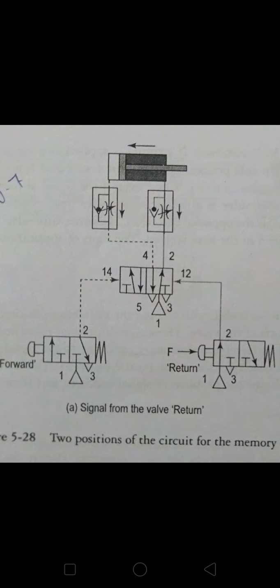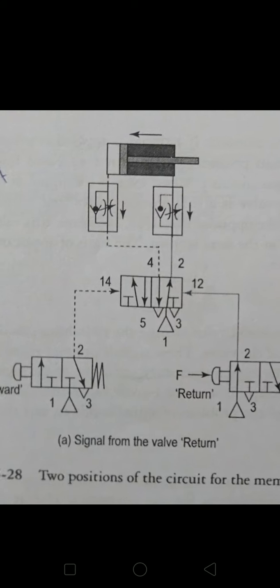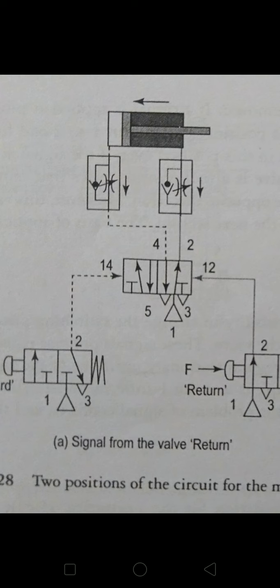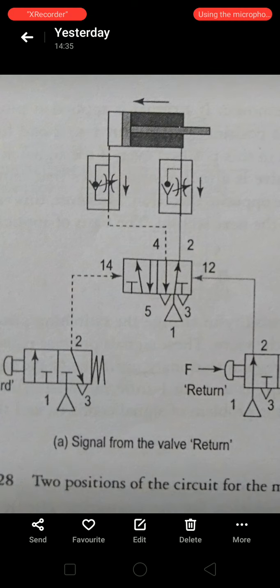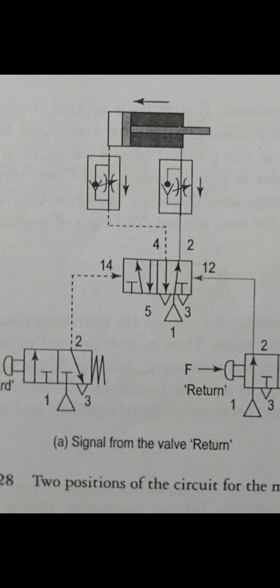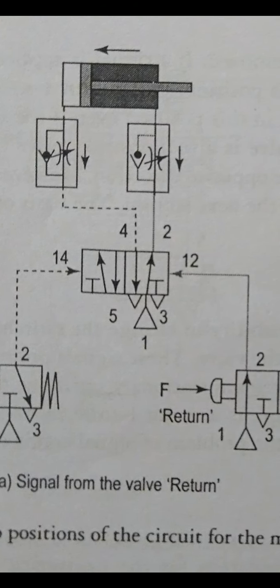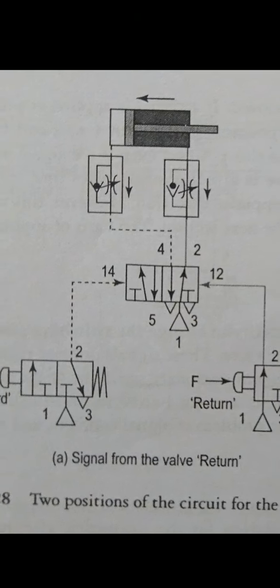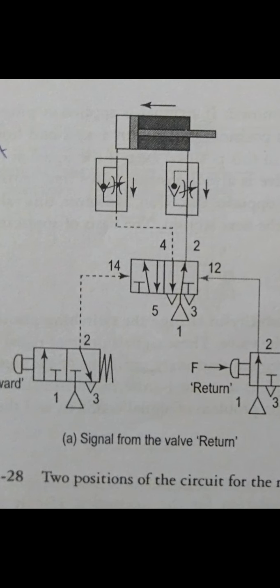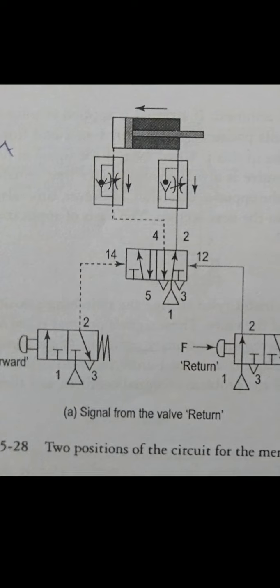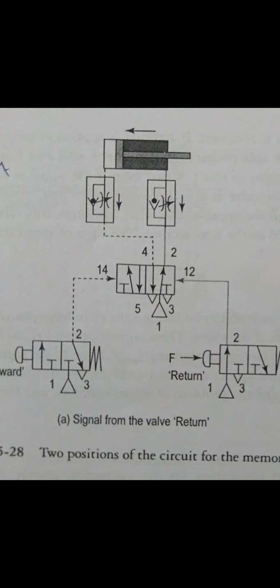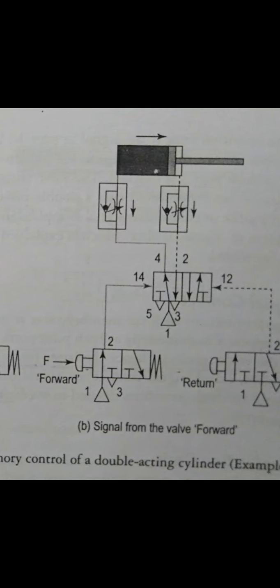So the 5x2 DC valve is getting two inputs from port number 12 and port number 14, which are both pilot ports. So this is a 5x2 DC pneumatically operated valve, having a double pilot. The double pilot valve is again connected to the throttle control valve, you can see here. So this is the normal position and this shows the actuated position.